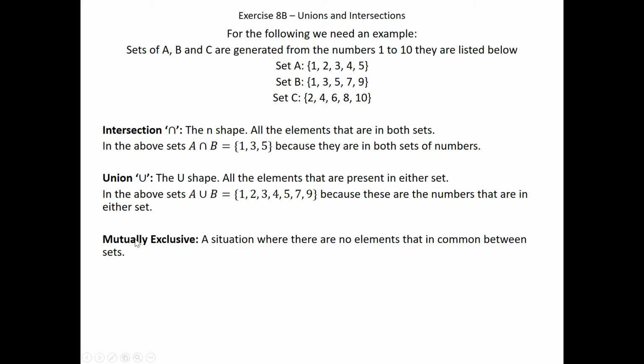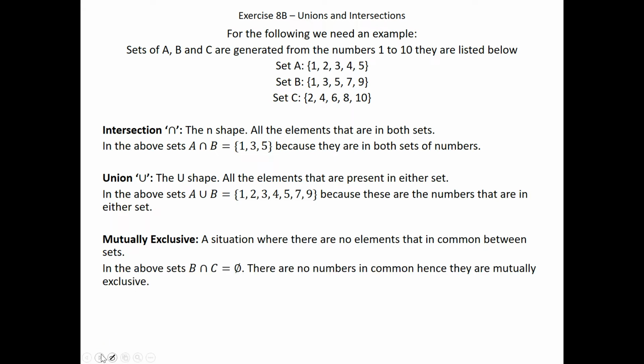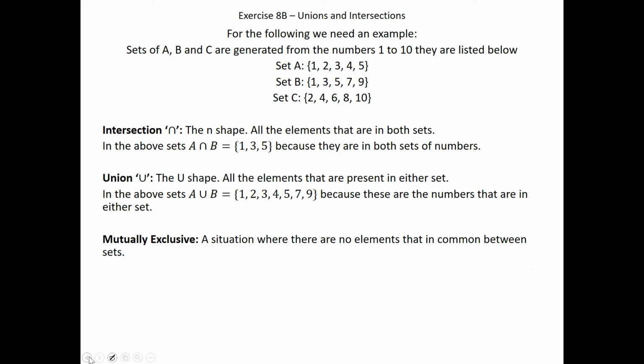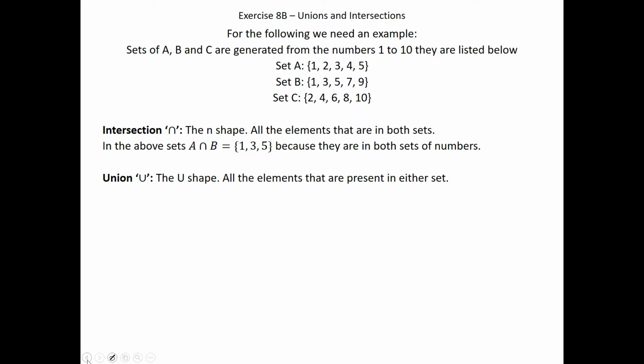Mutually exclusive. This one you want to make sure you've got written down. It's a situation where there are no elements in common between sets. So in the above sets, B intersect C is an empty set, the null set. That's a nice symbol for that word we learnt on the previous slide.